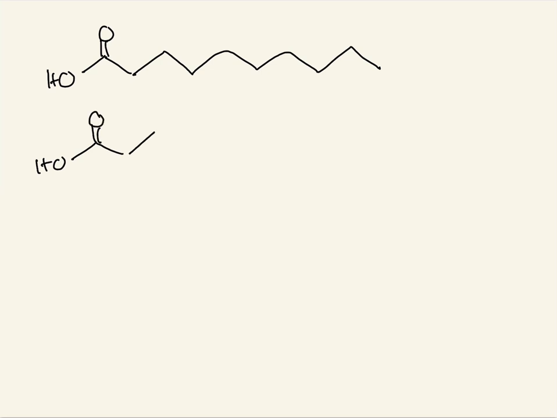If we have two, let's say, saturated fatty acids, these two molecules, which one do you think will have a lower melting point? You think the bottom one will have a lower melting point, and what's the justification for that?